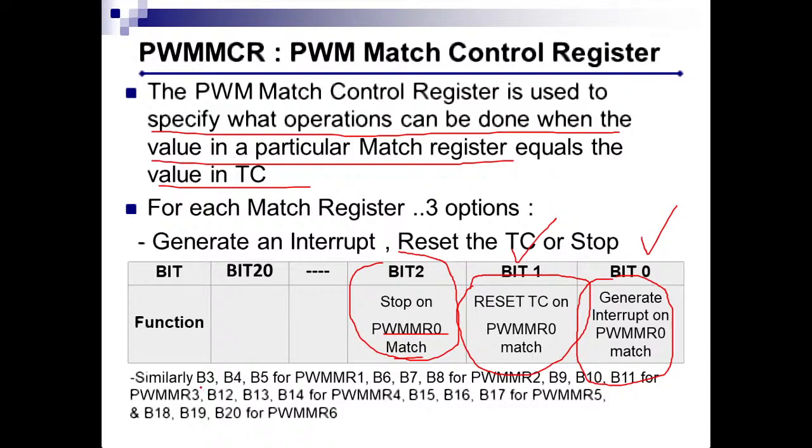Similarly, you can see bits B3, B4, B5 for PWM MR1, B6, B7, B8 for MR2, B9, B10, B11 for MR3, 12, 13, 14 for MR4, 15, 16, 17 for MR5, 18, 19, 20 for MR6. So you can individually set what action you want to take whenever matching occurs. Depending on what bit values you store here, the decision will be taken.